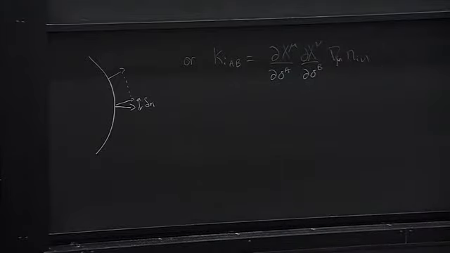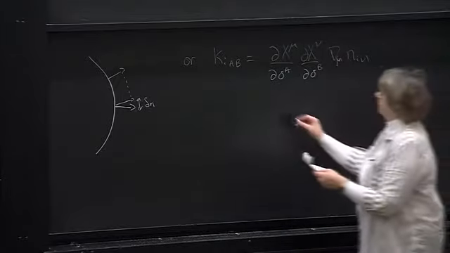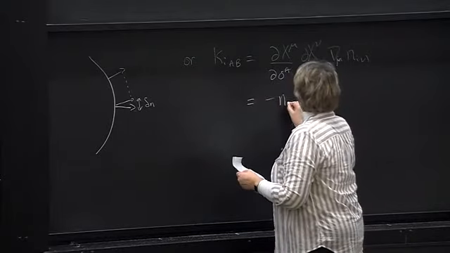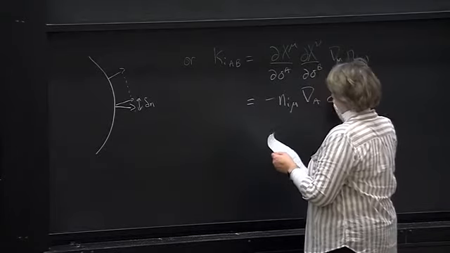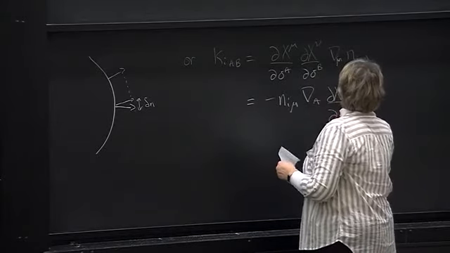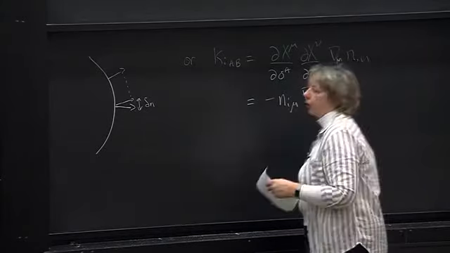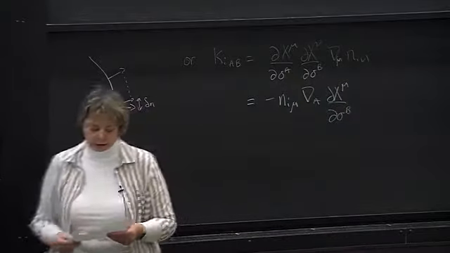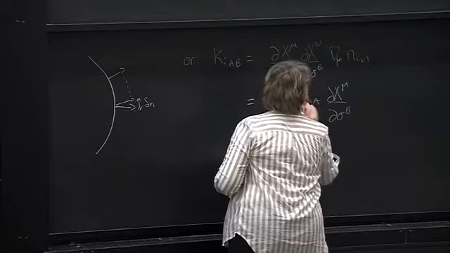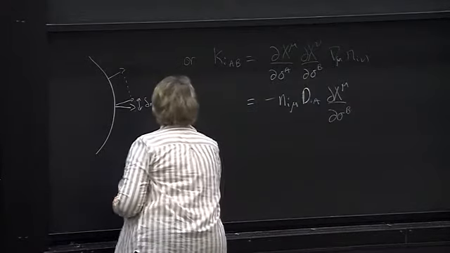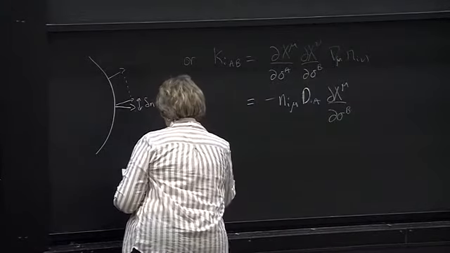That would just be another way of doing it, which gives me a slightly different way of representing the extrinsic curvature, which can be useful. And I'm going to label this as a D.